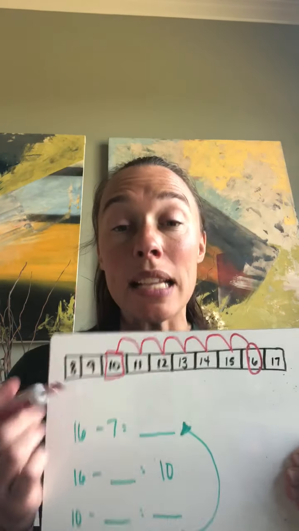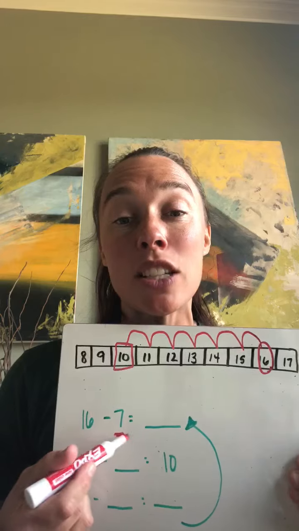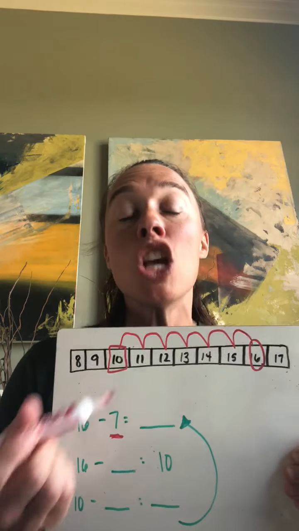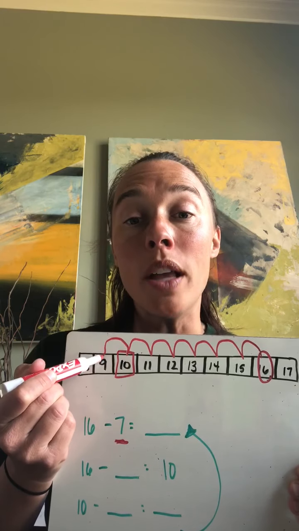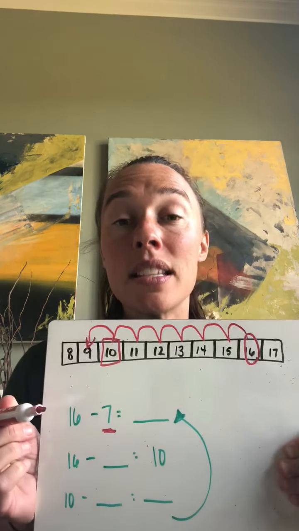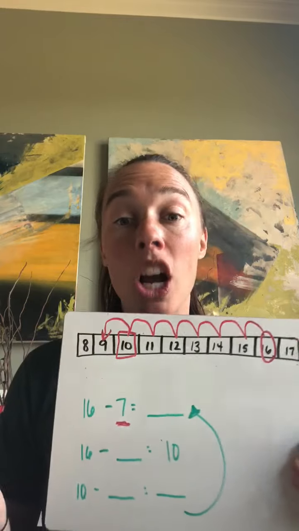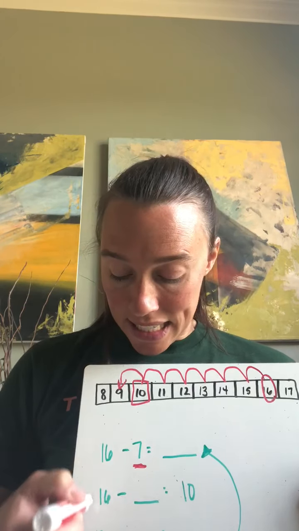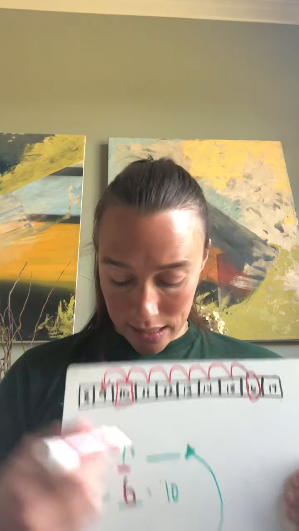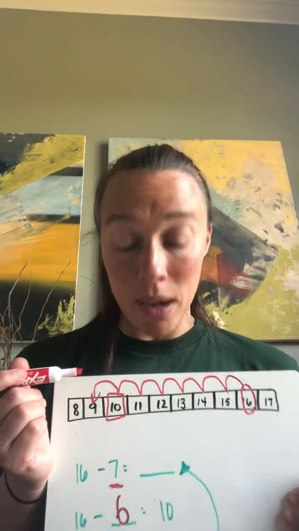So that was 6, but it didn't tell me to go back 6. It told me to go back 7. So I have 6 and 1 more. So now I've taken all 7 away. So here I did 16 take away 6. That got me to 10, remember?